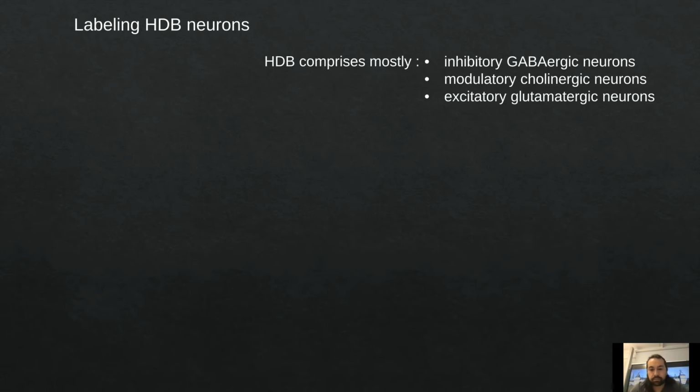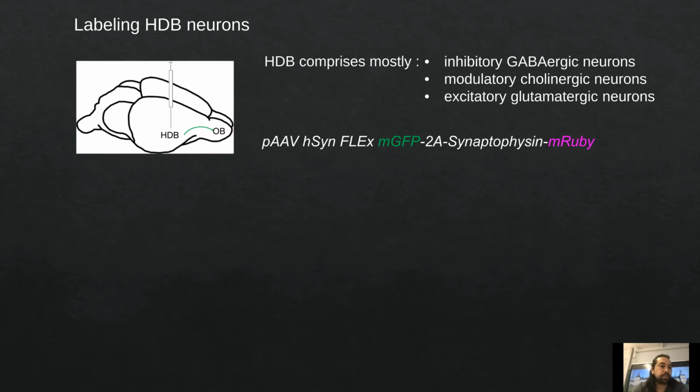This was done by Irina Pavlova from Martin's lab. We took 3 different mouse groups that were injected with a virus that expresses GFP in the complete neuronal cell body, and in the presynaptic part, where synaptophysin accumulates, we express mRuby.